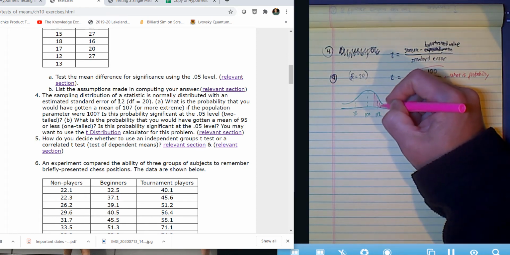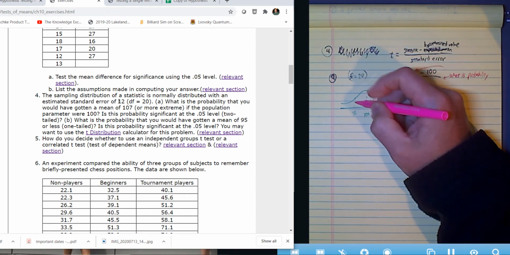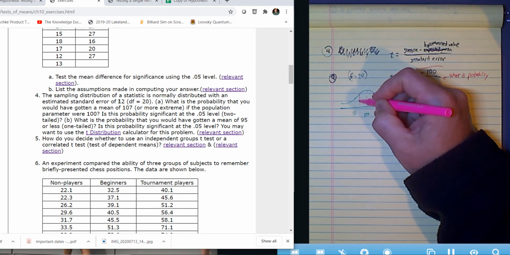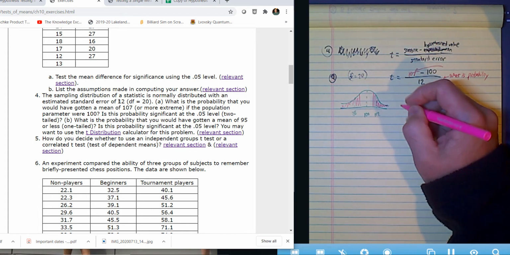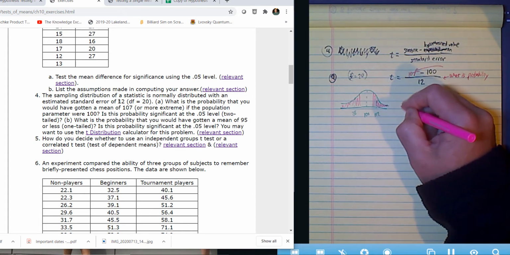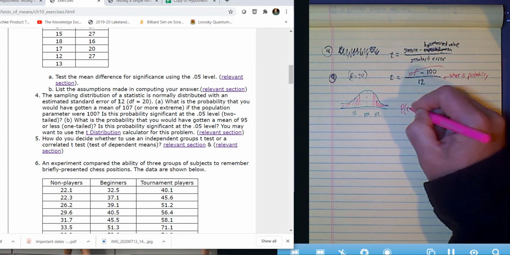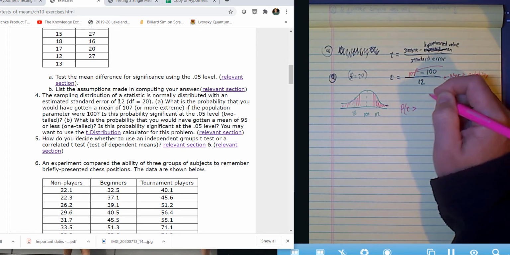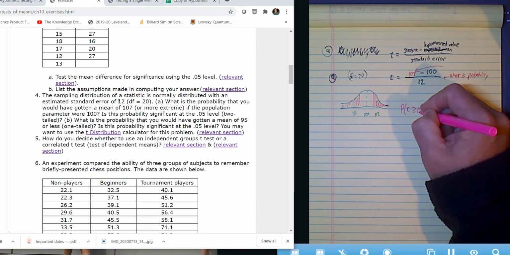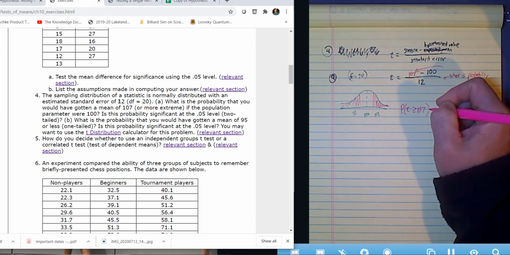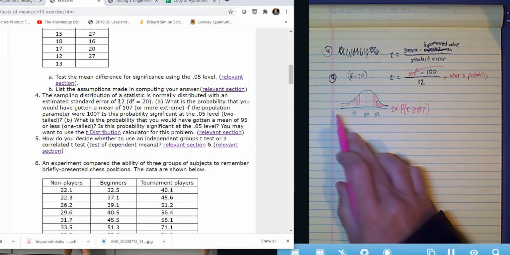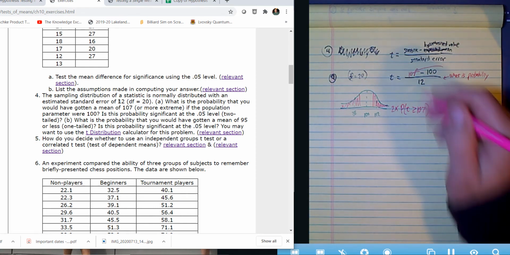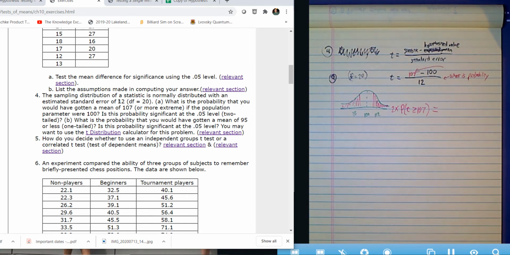So like this area and then this area. That's kind of what we're computing, the probability. So the probability of t being bigger than or equal to 107, and then I'm going to do that times 2 because you have the 2 tails, right? And so that's really what I'm computing here.